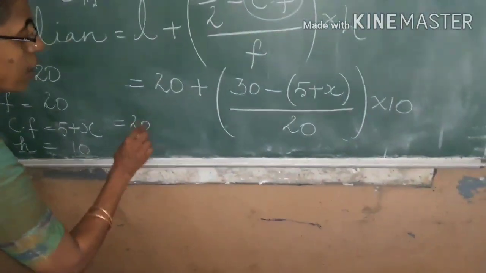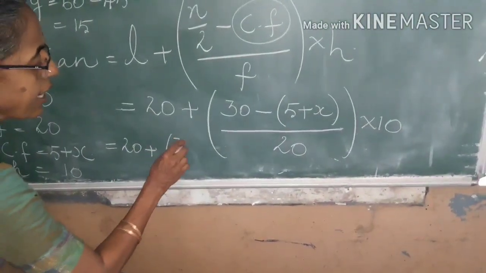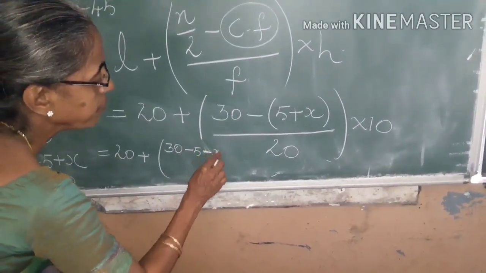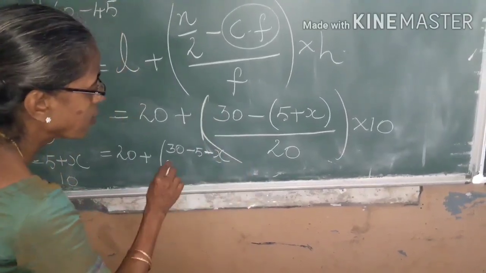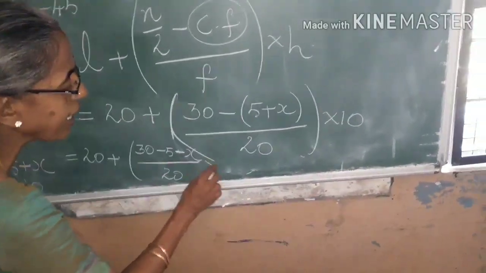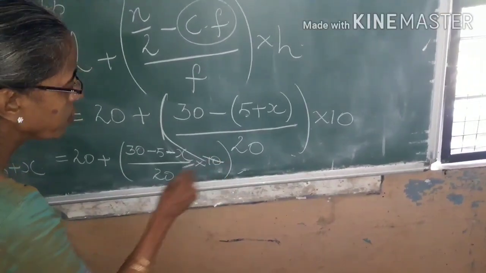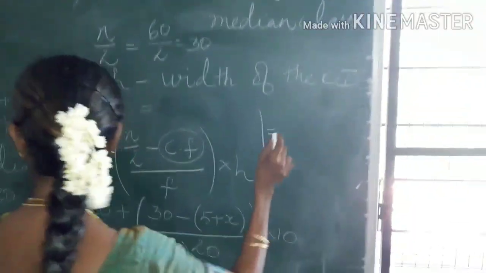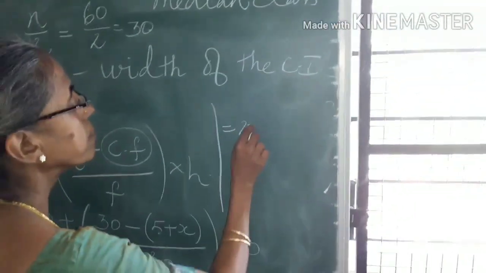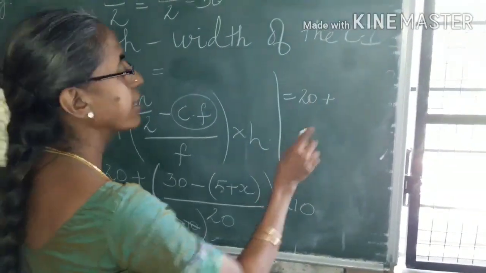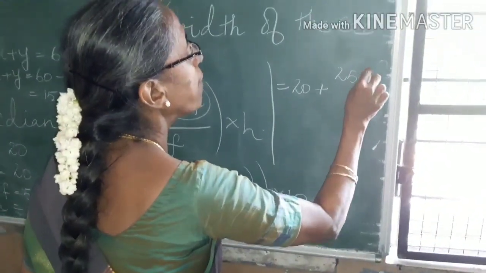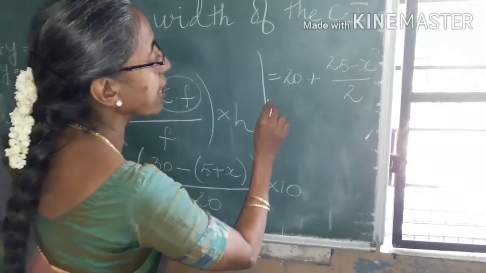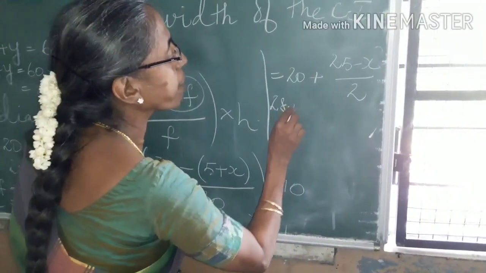Now here again, 20 plus (30 minus 5 minus x) divided by 20 into 10. Now you can cancel and simplify to get 20 plus (25 minus x) divided by 2. So this is the median formula. What is the median given? 28.5.